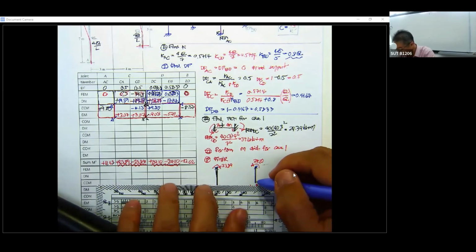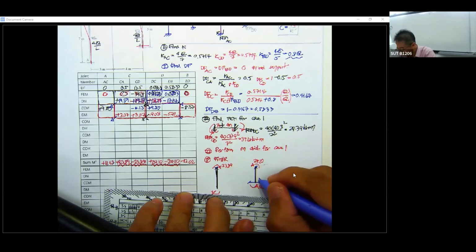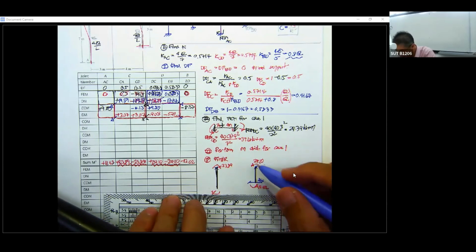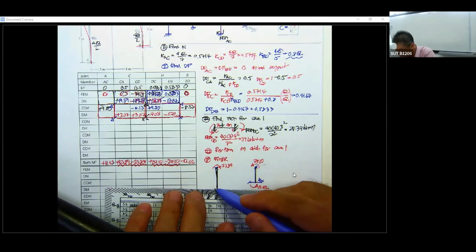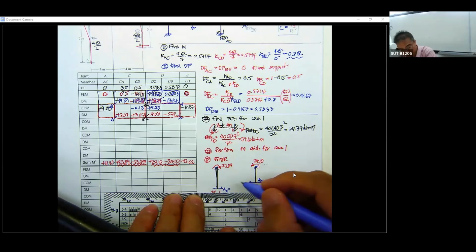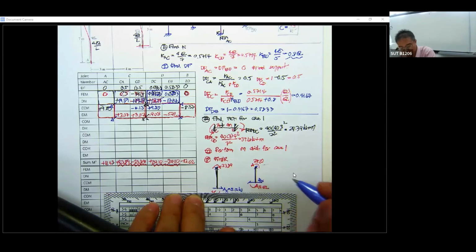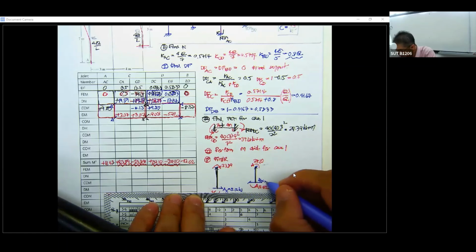You can see this can be the B sub X, and also this one in this direction will be A sub X. And if you do the computation, this one will be 5.12 kilonewton. This one will be 7.22 kilonewton.